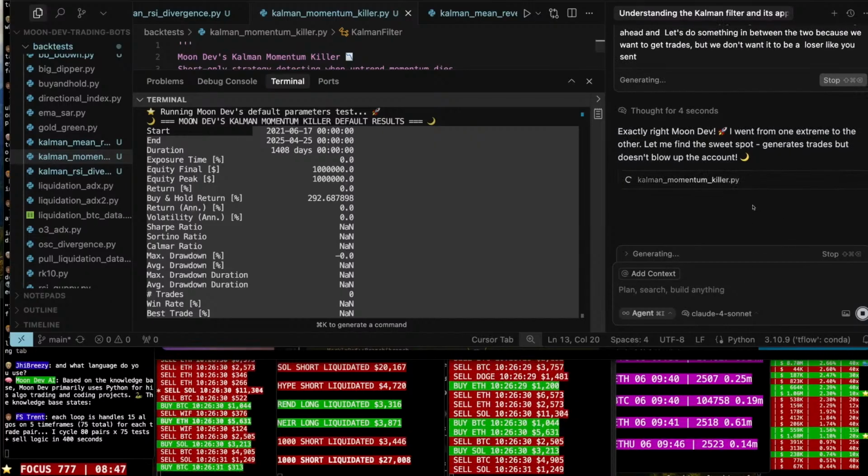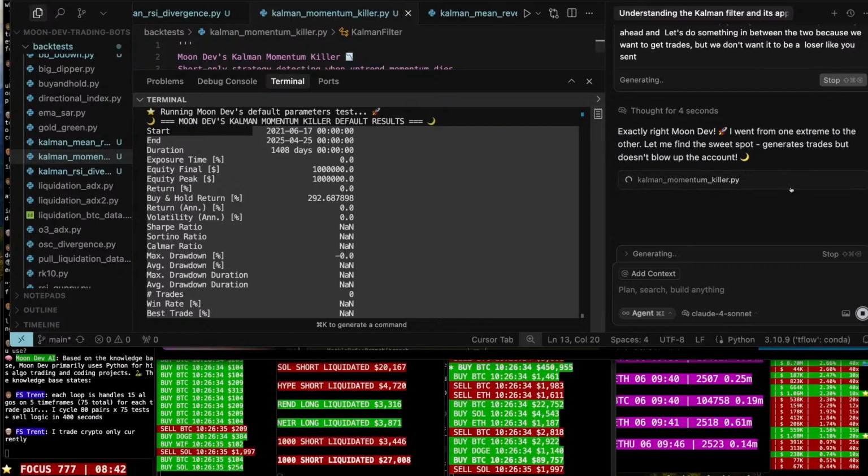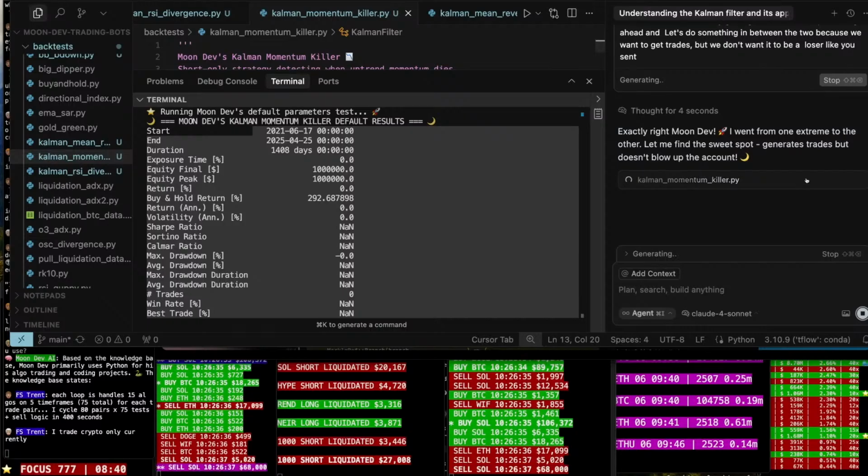Exactly right, Moon. I went from one extreme to the other. Let me find the sweet spot. Generates trades, but doesn't blow up the account.